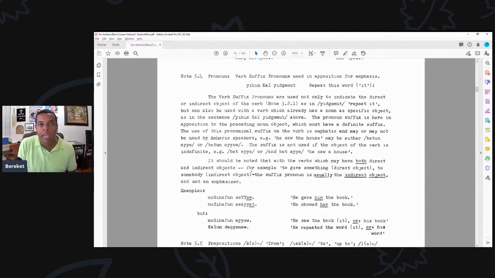Then 5.4, this also builds off of those verb suffix pronouns. Sometimes you have a sentence like here, yehinkal yidgamut, where the noun yehinkal is mentioned explicitly as the specific object of the sentence. And when it is, you don't need that verb suffix pronoun yidgamut, that t at the end.